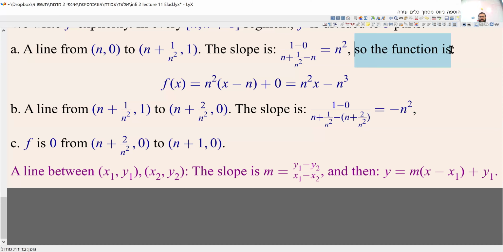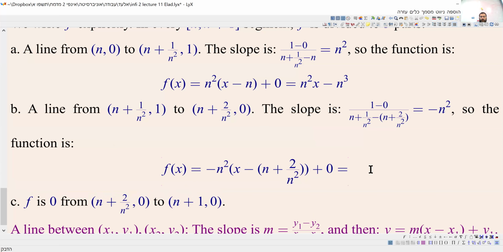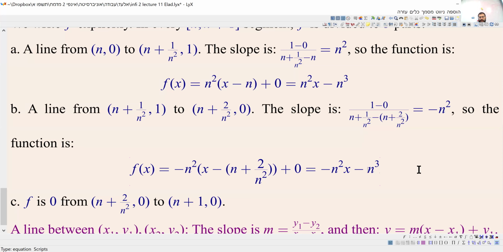So the function is f(x) is minus n squared, using the point of 0 as y, which is minus n squared minus n to the power of 3 minus 2, as far as I can see.